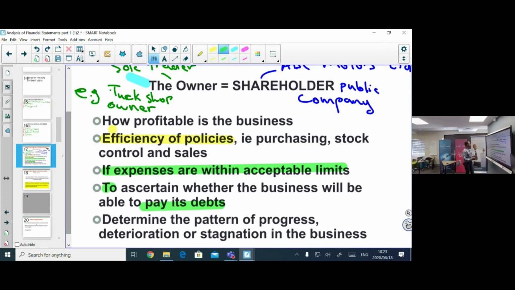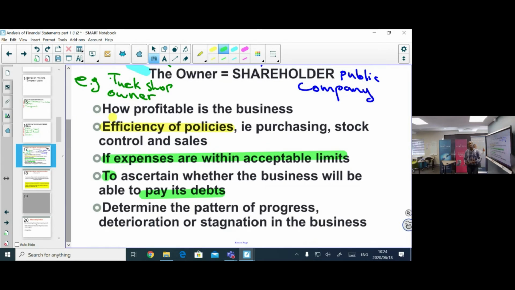But for now, I want you to understand that the owners, when they look at those financial statements, want to see that the business is able to pay its debt within maybe 6 months or within a year, and determine the pattern of progress, deterioration or stagnation in the business.